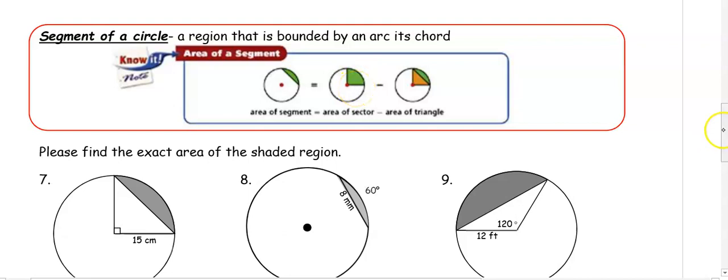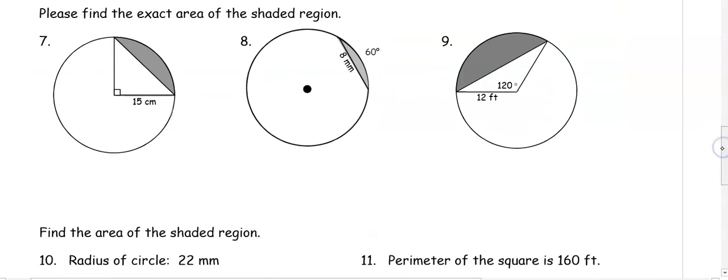So in number 7, we have a 90-degree arc. We have a right triangle. So we know that the radius is going to be the same. So it's going to be the height and the base of our triangle. So we can do the area of our sector minus the area of the triangle. So we have pi 15 squared times 90 over 360 minus the area of the triangle, so 1/2 times 15 times 15.